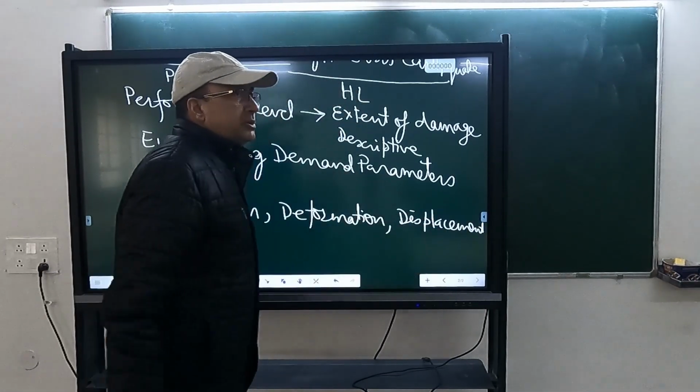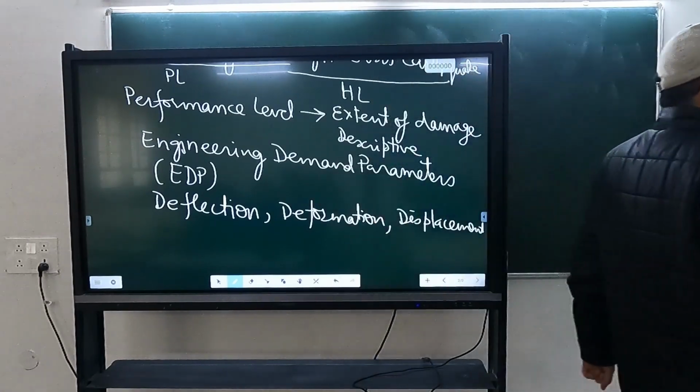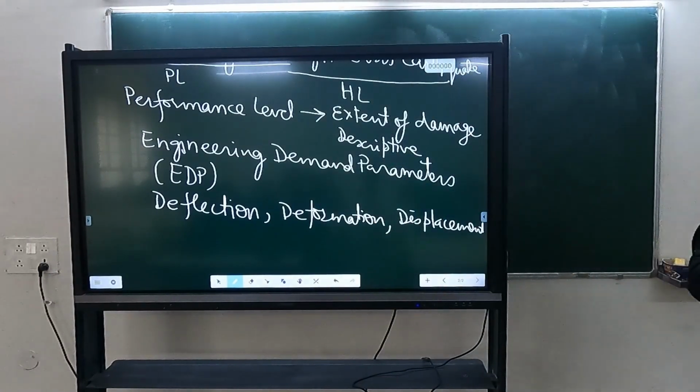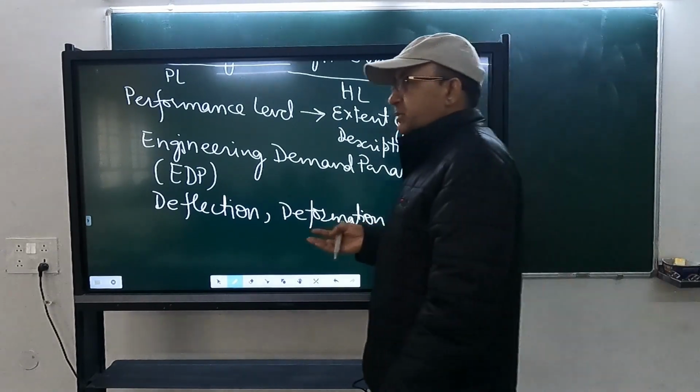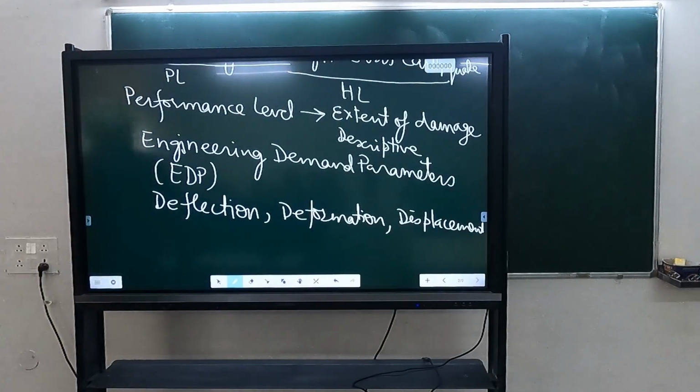In displacement also, particularly the post-yield displacement. Up to yield, there is no damage. The damage will start after the member has yielded. Then there is a permanent displacement, permanent deformation. That permanent deformation is a measure of damage.